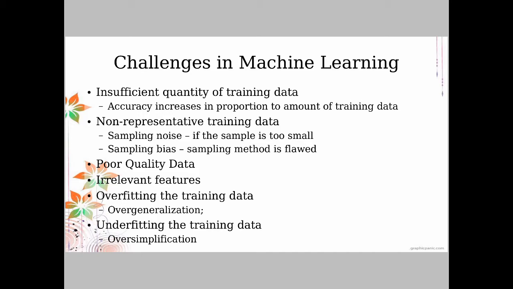Other things are irrelevant features in the data. For example, there's a lot of information in the data. That's why we have dimensionality reduction, because we are trying to remove the features of the data that are not relevant to the model or to the problem that we are solving.